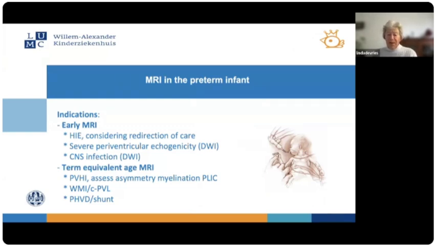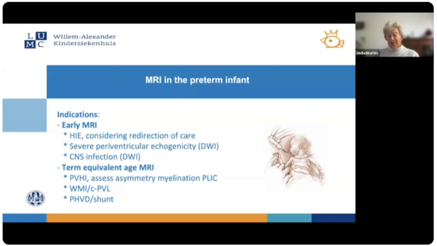In the preterm baby, I would consider doing an MRI early if there is perinatal asphyxia and you consider redirection of care. If you have got a lot of echogenicity in the white matter and you're uncertain whether this is going to evolve into cystic lesions or not. And again, when there is a severe CNS infection.